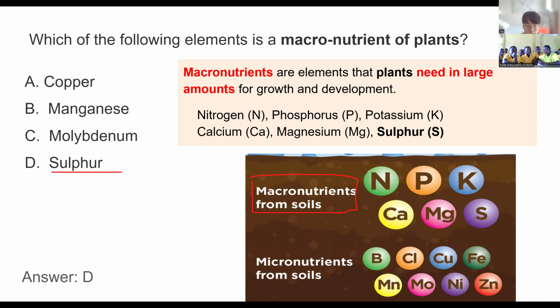Things like nitrogen, phosphorus, potassium, calcium, magnesium, and sulfur are all needed in large amounts by the plants. And micronutrients are nutrients that are not as much needed, but still can improve their growth. And there are many other types of micronutrients as well. But definitely D, sulfur, is a macronutrient.